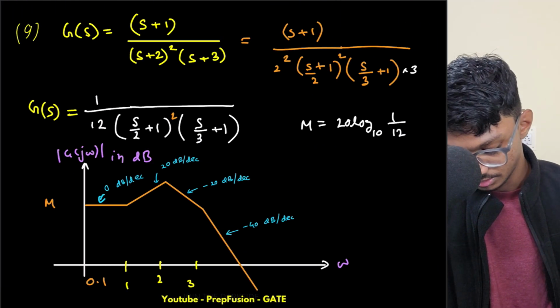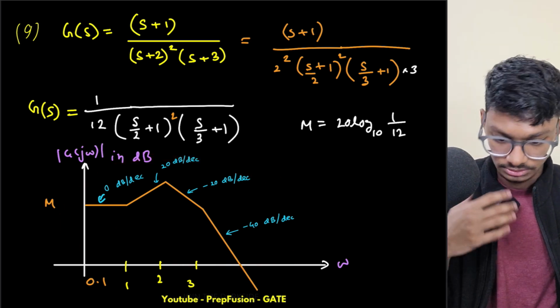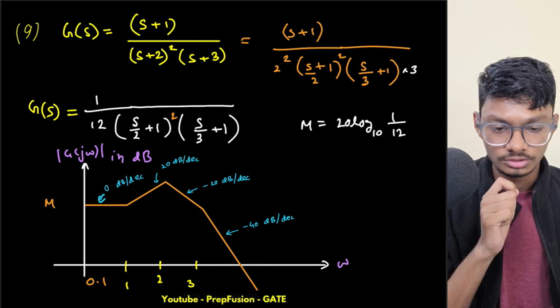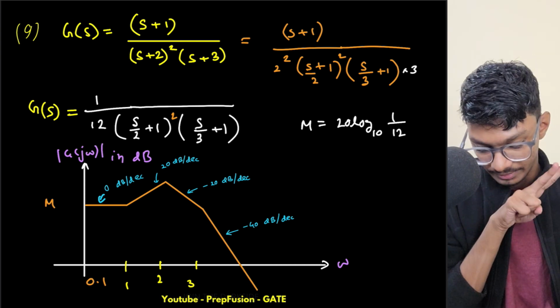Okay, so these are the slopes, that's how we understand. Like I told you, the slope is getting minus 40, I told you in rough.